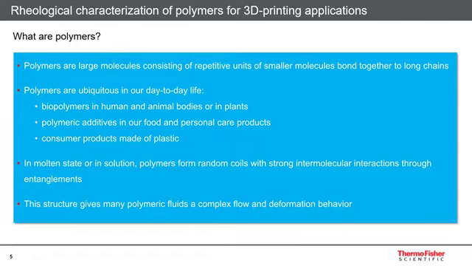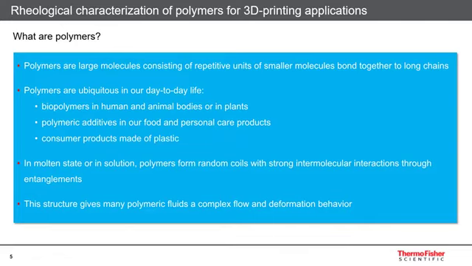We find polymers everywhere in our daily life, and as a matter of fact, all living organisms contain various types of natural polymers, such as proteins, starch, cellulose, and many others. Many processed food and personal care products contain polymers, thickeners, and stabilizers. And there are, of course, all the products that are made of plastics.